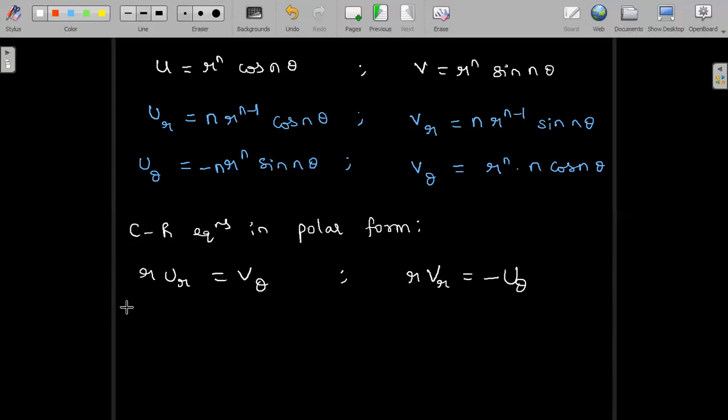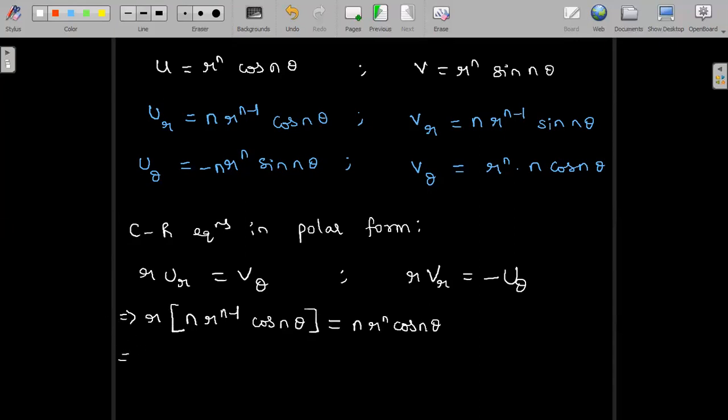So let us verify by substituting the values. r into ur is n r power n minus 1 into cos n theta, and v theta is n r power n cos n theta. Are they equal?